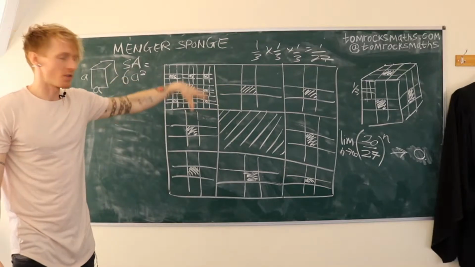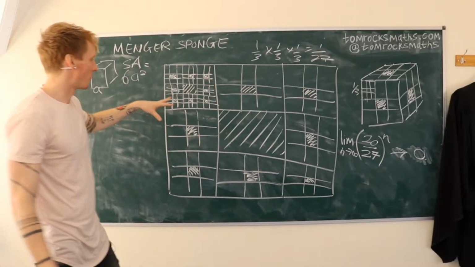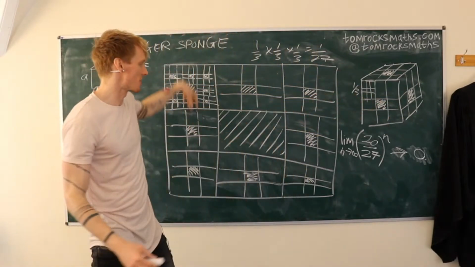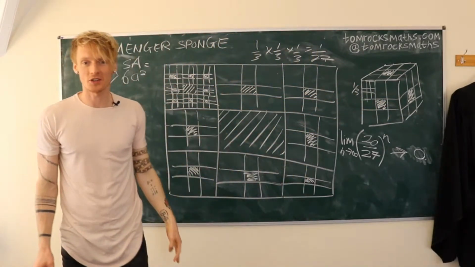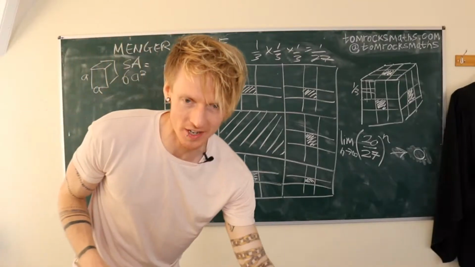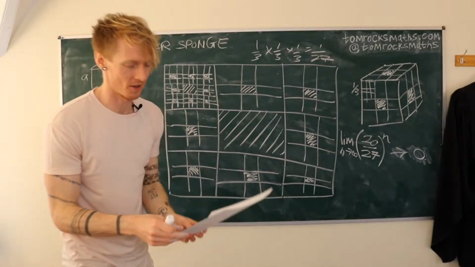Now, if you work out the surface area for the Menger sponge, this fractal using this process that we've talked through, and I'm not going to go through this because this was a lesson on volume and I want to get on to my other question.